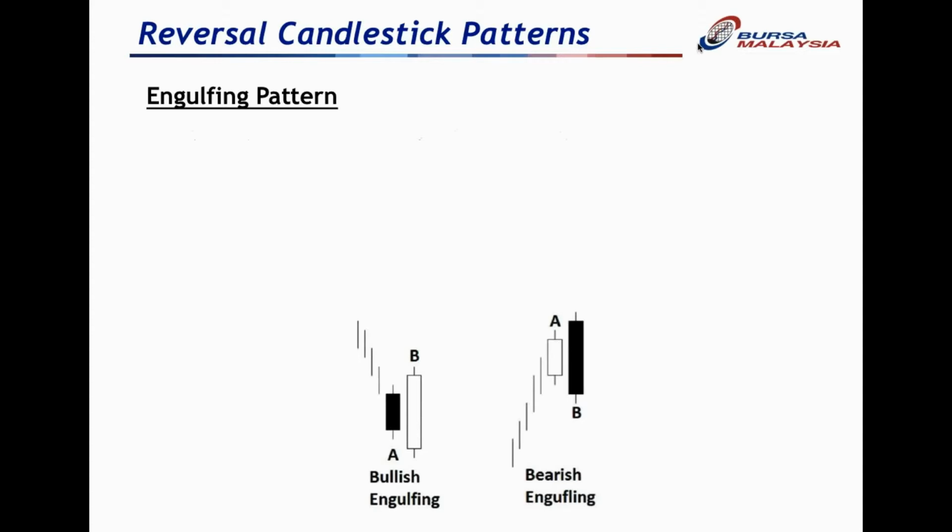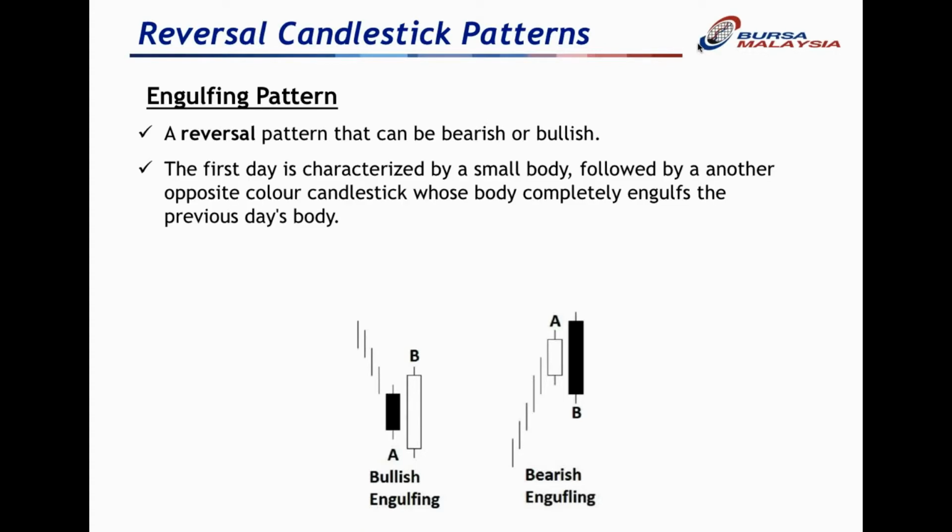This is a reversal pattern that can be bearish or bullish. The first day is characterized by a small body, followed by another opposite color candlestick whose body completely engulfed the previous day's body. As you see in the chart, for a bullish engulfing, the white candle completely engulfed the black candle. And on the right hand side of the chart, you see that the black candle completely engulfed the white candle.